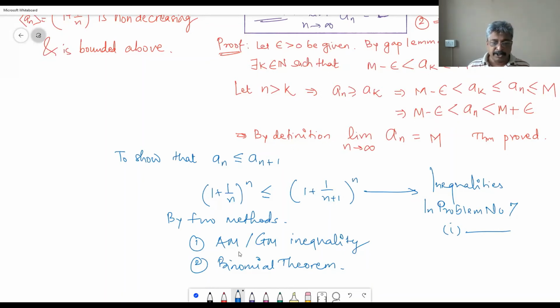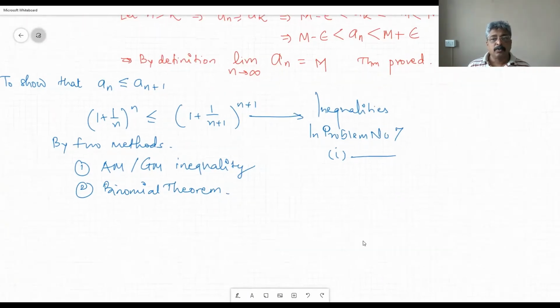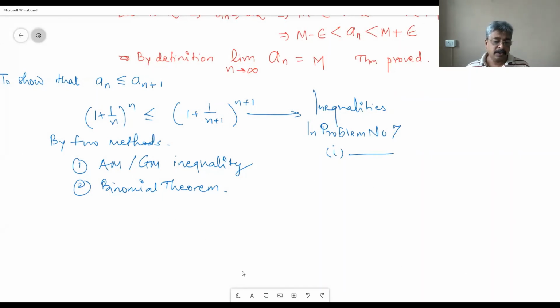How will the AM-GM inequality prove this very quickly? We have to consider it as 1 plus 1 upon n raised to n into 1 raised to 1 upon n plus 1.